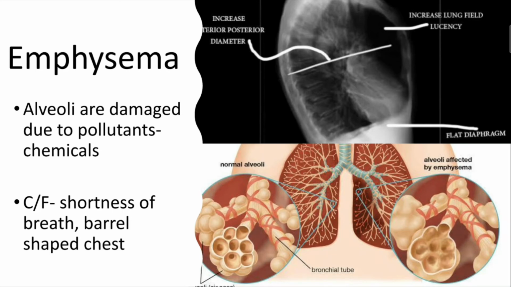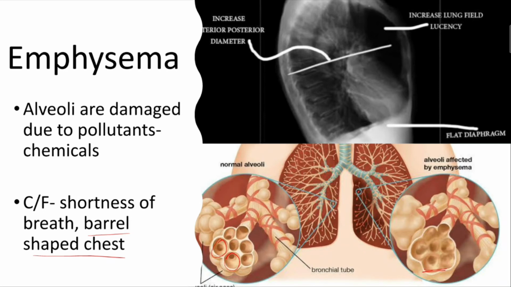Here, the alveoli of the lungs are damaged by chemicals released by the pollutants. Clinically it presents as shortness of breath and the chest appears barrel shaped. So this is normal, and this is your emphysematous alveoli.